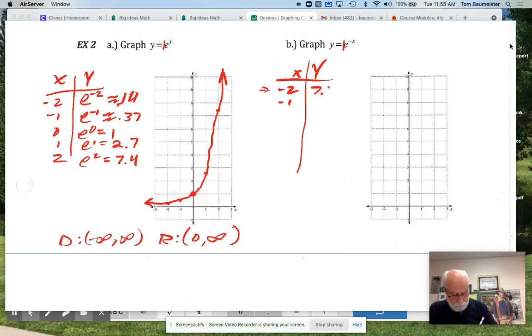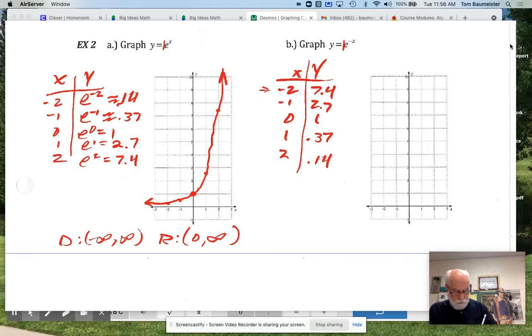Well, that's just 7.4. So if you notice, these values are actually switching from the one we just did, except, again, anything raised to the 0 power is 1. So this would be 0.37, and this would be 0.14. And it's what we would expect.